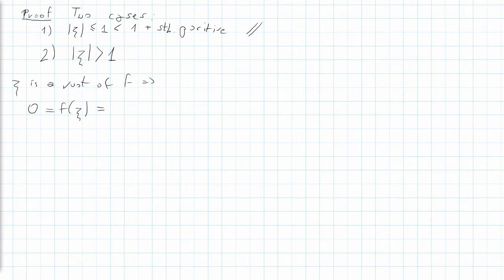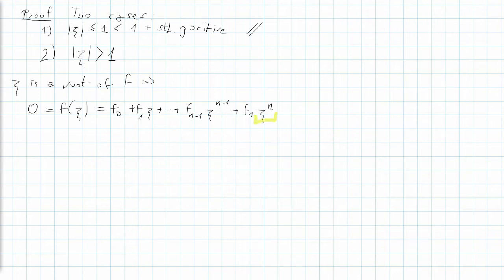So this is f0 plus f1 psi plus and so on, plus fn minus 1 psi to the n minus 1 plus fn, and now we have the nth power of psi.